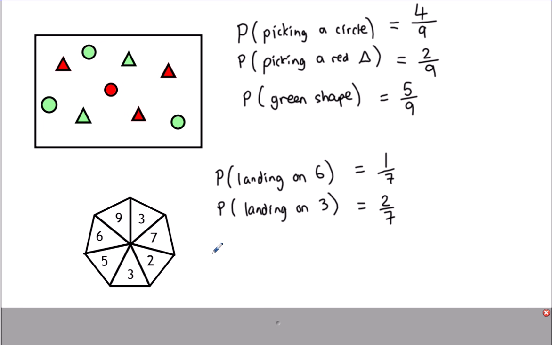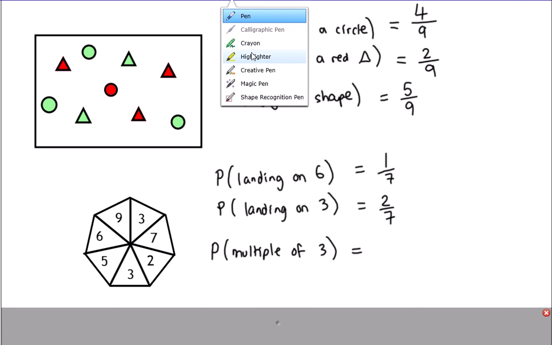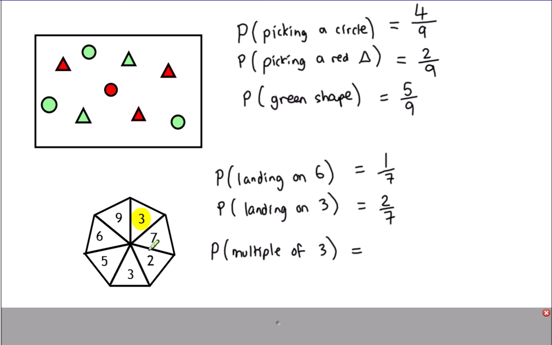If I want to make things a little bit more complicated, I could say, what's the probability of picking a multiple of 3? Now, a multiple of 3 is the posh way of saying anything in the 3 times table. So that would include 3s, both of them, and 6, and 9.